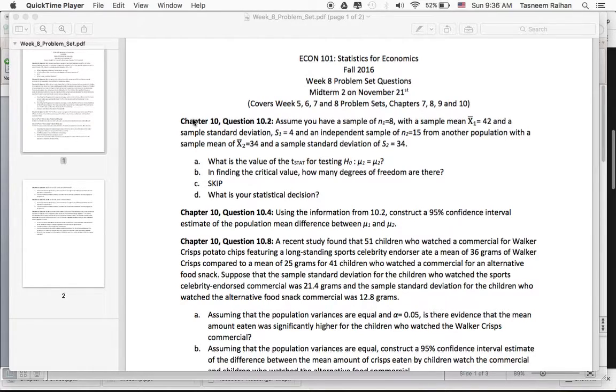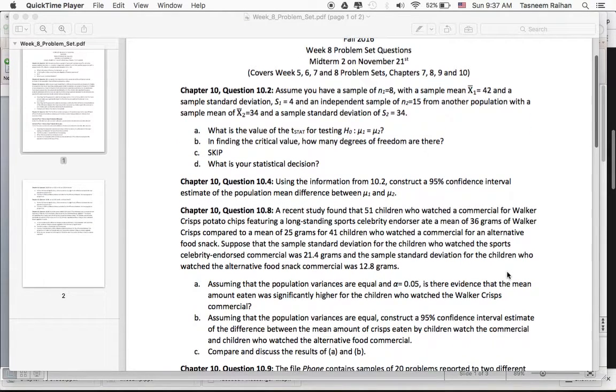In one sample we have 51 children, and these children watched a commercial for Walker Crisps potato chips, and we have another sample where we have 41 children, and these 41 children ate a mean of 25 grams of an alternative food snack.